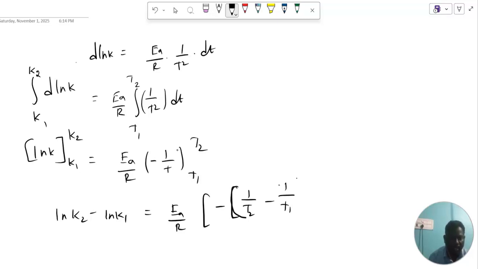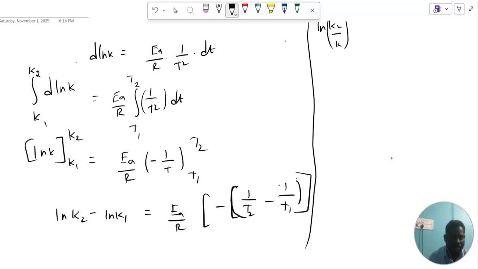Or you can write this bracket like this. Right? So ln k2 minus ln k1, you can write it as ln k2 by k1. If you multiply this minus sign inside, EA by R, minus 1 by T2 you will get plus 1 by T1 you will get.